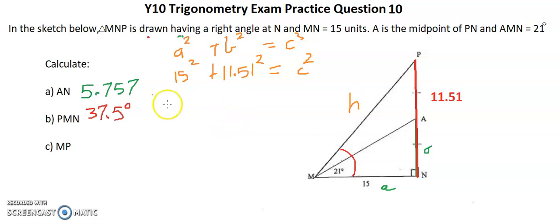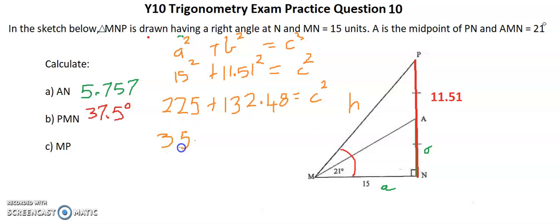So 15 squared is 225. 11.51 squared is 132.48 is equal to c squared. Next thing is we need to add them up.